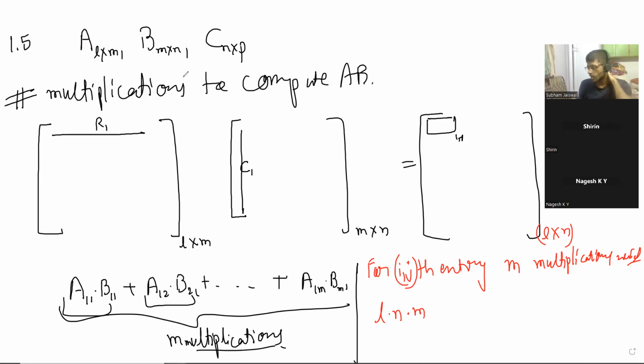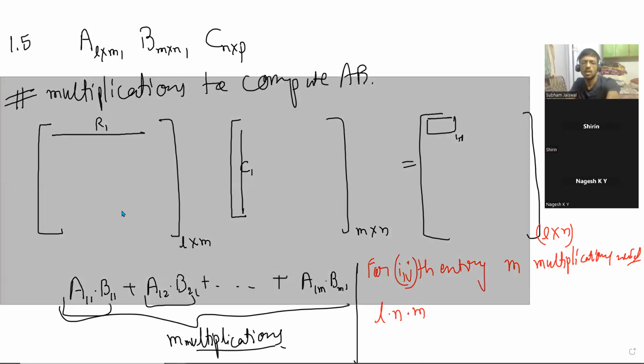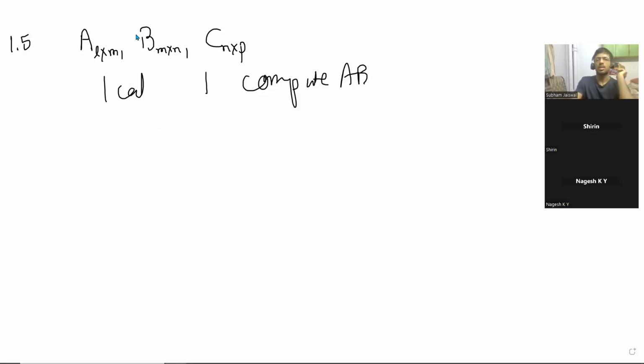Obviously, there are ways to multiply where you need fewer multiplications. There are algorithms you can use. But when they ask the question, they mean the usual way. Because all these multiplications are not independent, they are dependent on each other.